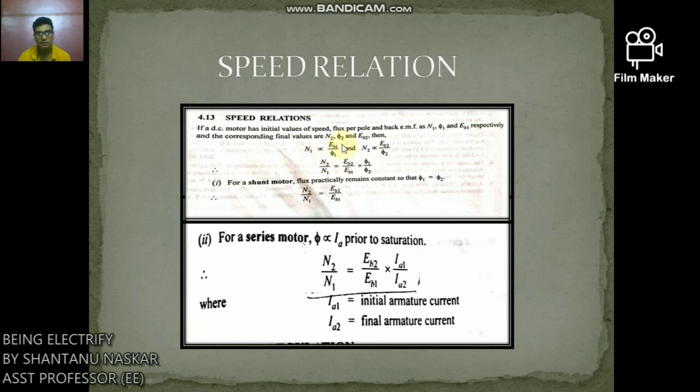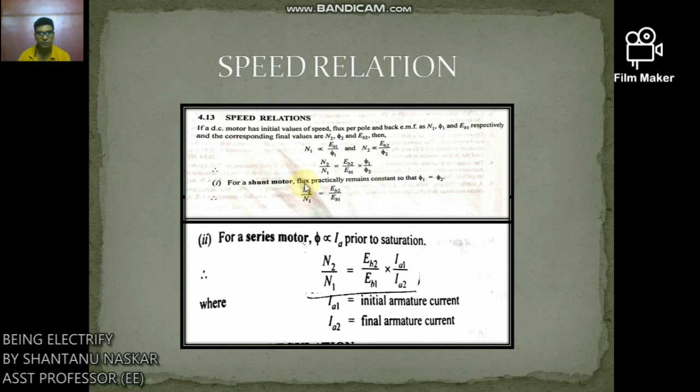From the speed relation we know that speed is directly proportional to back EMF and inversely proportional to flux per pole. So N1 proportional to Eb1 by phi1 and N2 proportional to Eb2 by phi2. So we can write N2 by N1 equals Eb2 by Eb1 into phi1 by phi2.